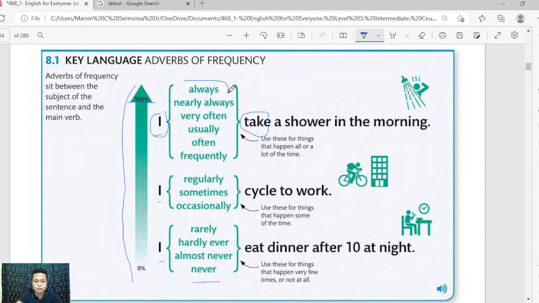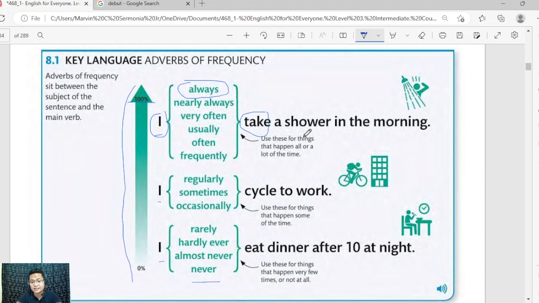Particularly, we only use the word always for the things that we do all the time. But if it is for a lot of the time, we can use nearly always, very often, usually, often, and frequently. So for example, I always take a shower in the morning. I nearly always take a shower in the morning. I very often take a shower in the morning.